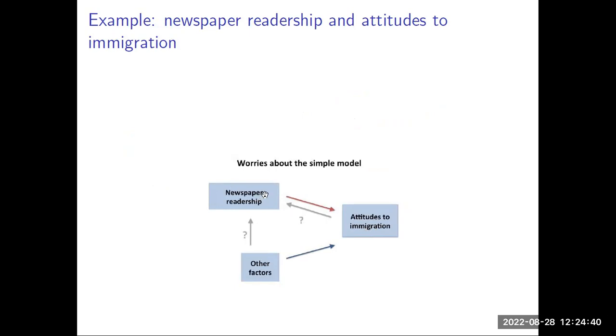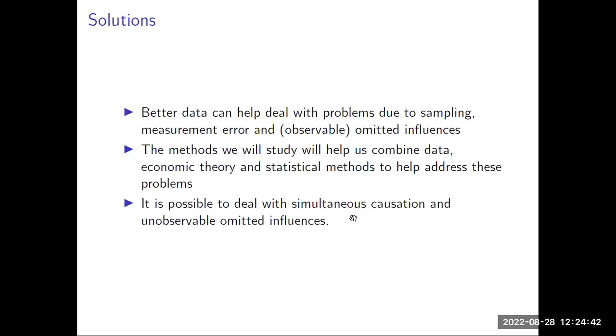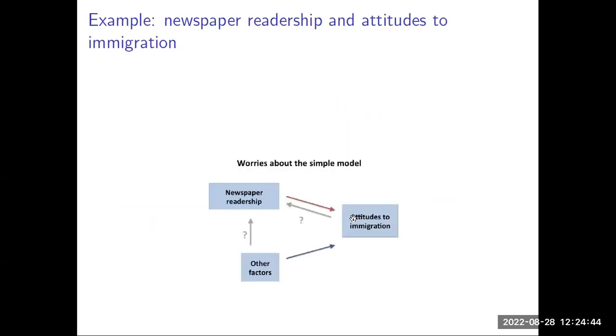So newspaper reading can change your attitude towards migration, but at the same time, the attitude towards migration can also change your newspaper readership. Say you are reading the newspaper because you have some attitude towards migration and you want to find out what the impacts of migration are, how many people are migrating to your city, what is happening and what is not happening, all right?